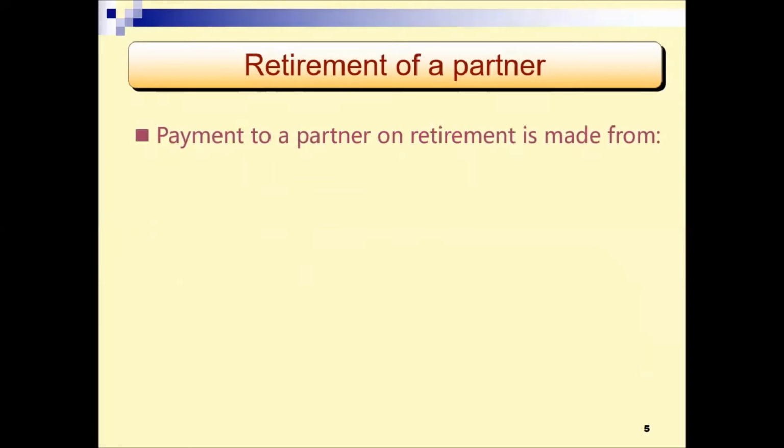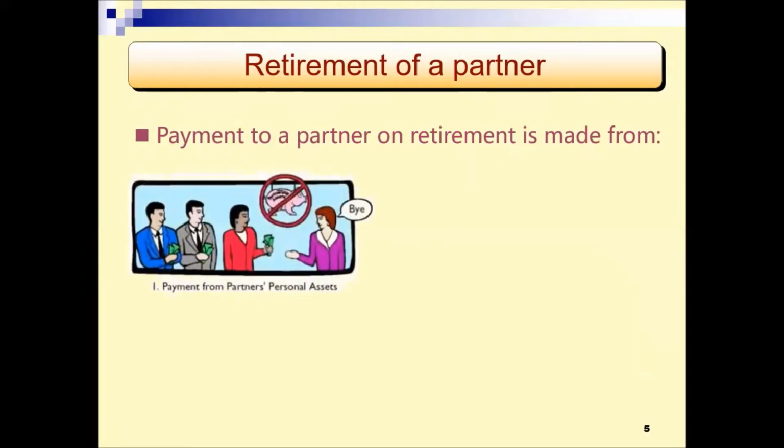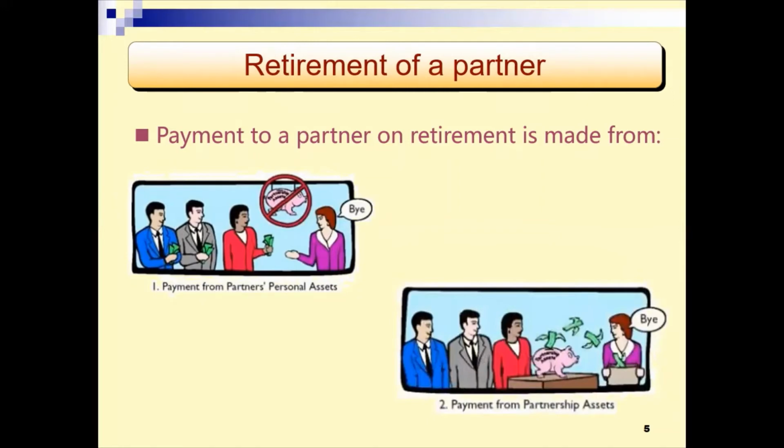Payment to a retiring partner can be made in two ways. One is from the partner's personal assets, that is for the remaining partners. It can also be made from the assets of the partnership.